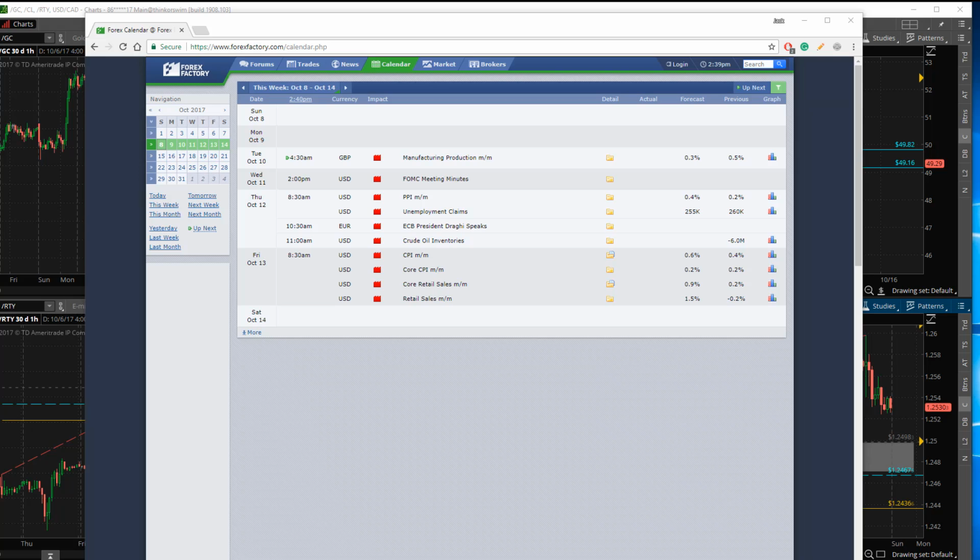Let's take a look at the highlight news events for the week. Starting, really the first thing we have that's of significant impact is going to be manufacturing production out of the Great Britain pound at 4:30 a.m. on Tuesday. And then on Wednesday at 2 p.m., we're going to have the FOMC meeting minutes. On Thursday at 8:30, we're going to have PPI and unemployment claims.